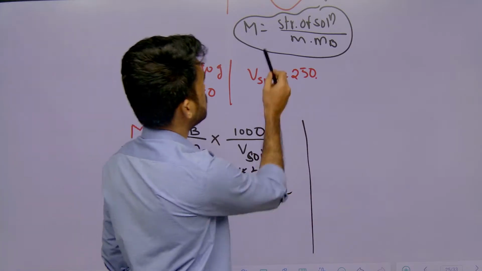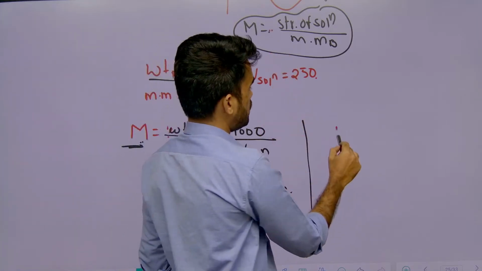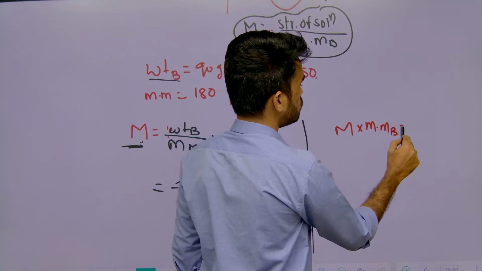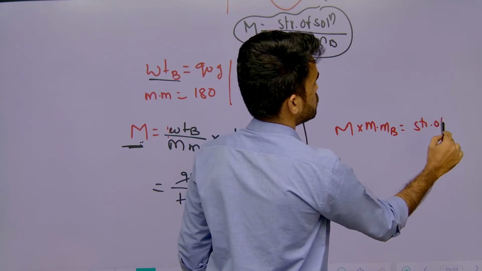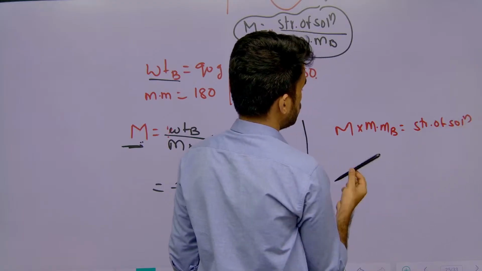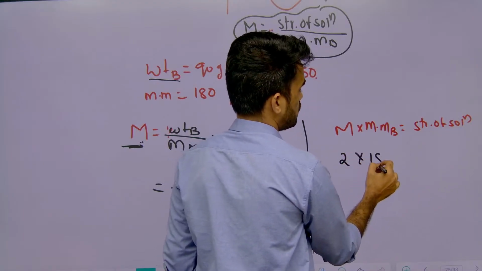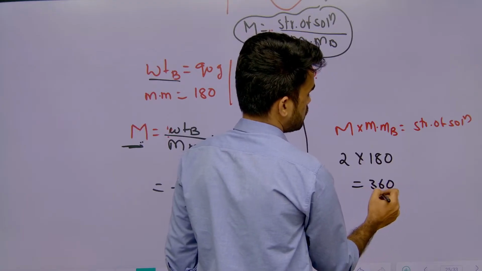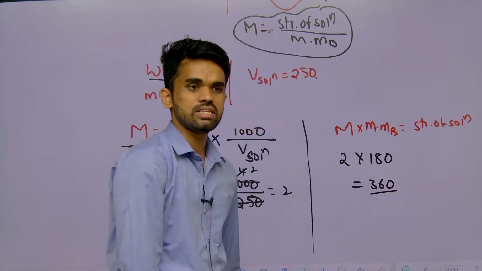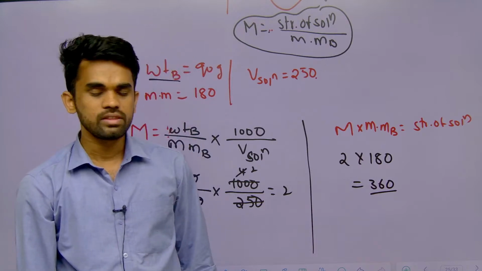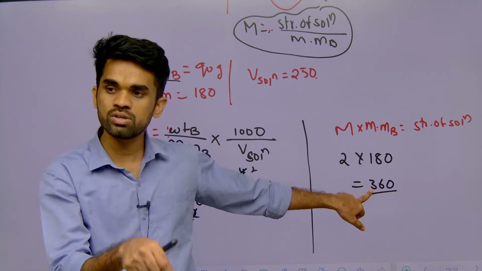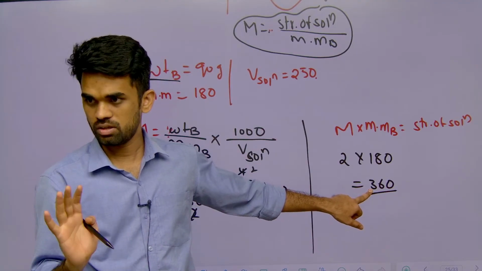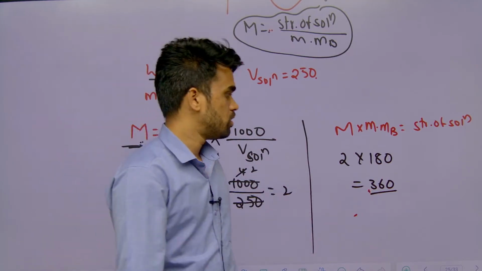What is the relation? Molarity into molar mass of solute gives you strength of solution. So here it is 2 into 180, so it means 360. What does this 360 mean? 360 grams of glucose is present in 1 liter of solution.